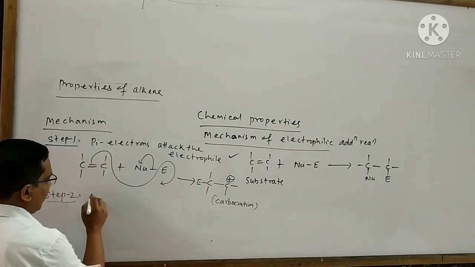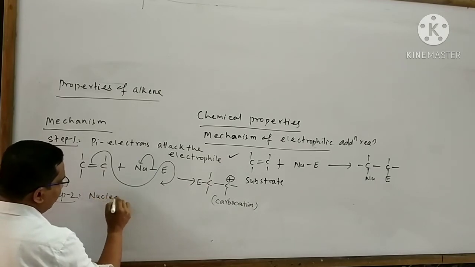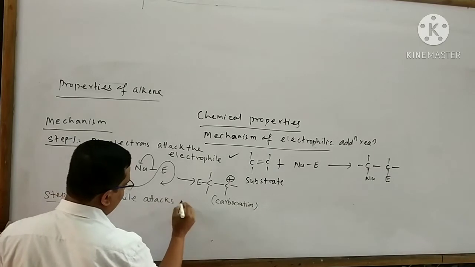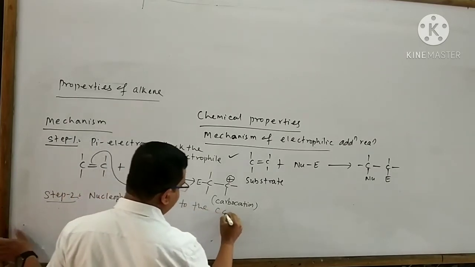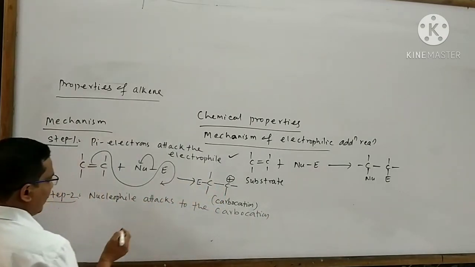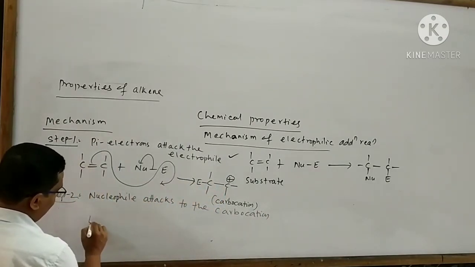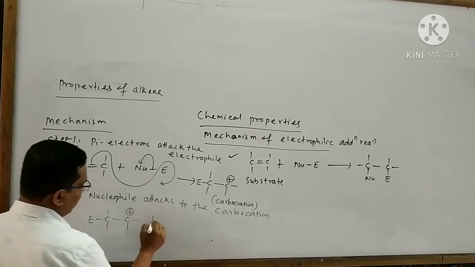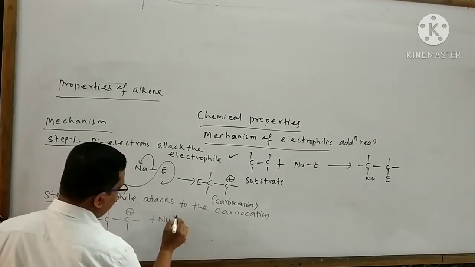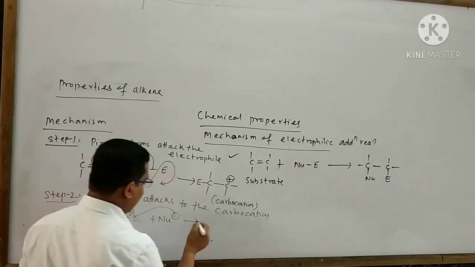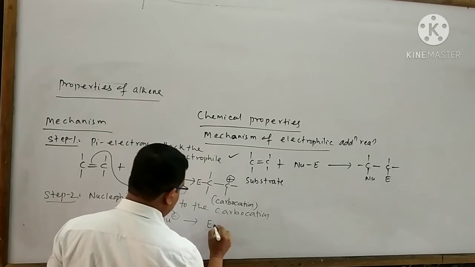So here I can write: nucleophile attacks the carbocation. So I can write the reaction like this. Here the nucleophile attacks this carbocation. As a result, I can write the product like this.